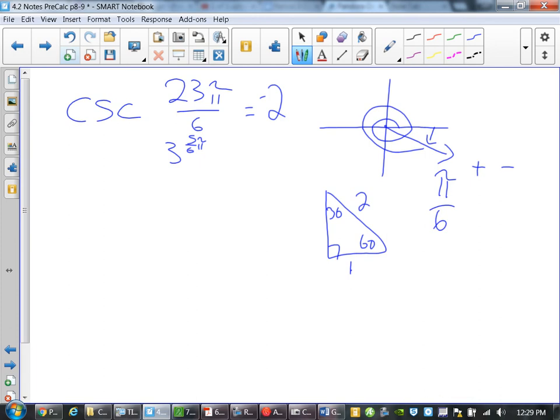And so tangent is positive here. Tangent is negative here. Tangent is negative here. And tangent is positive here. Therefore, cotangents will mirror it the same way because they're just inverses. They're just flipping the fractions. It doesn't matter what their signs are. Okay?